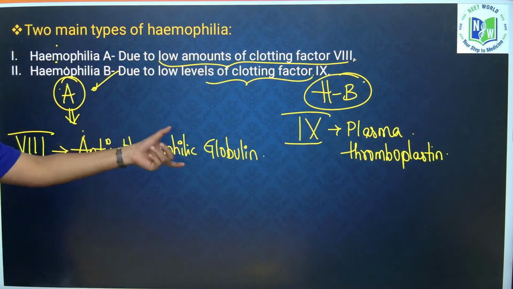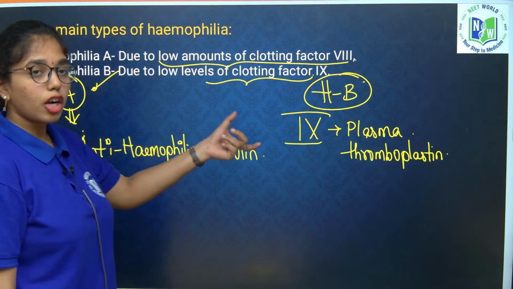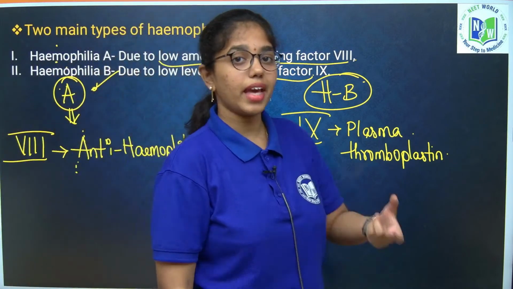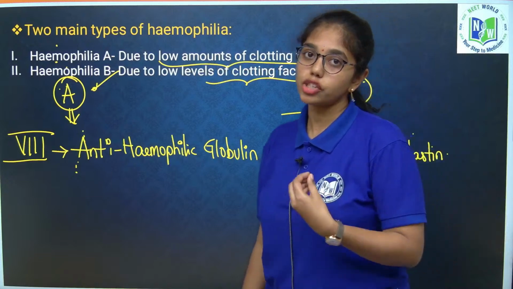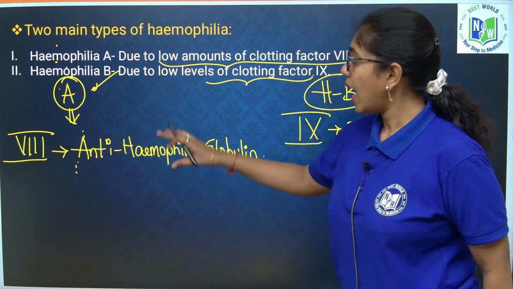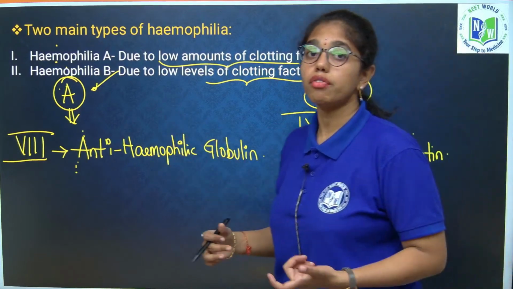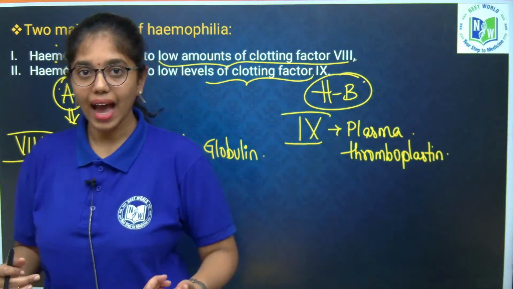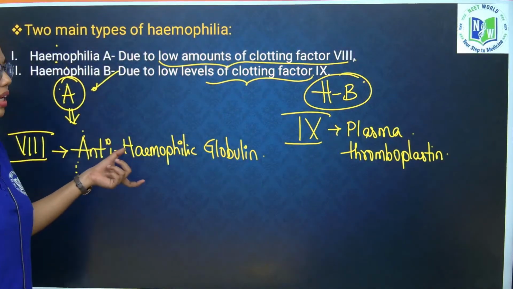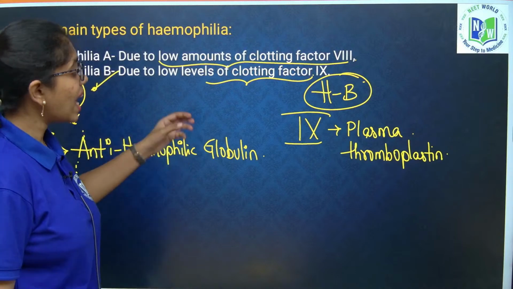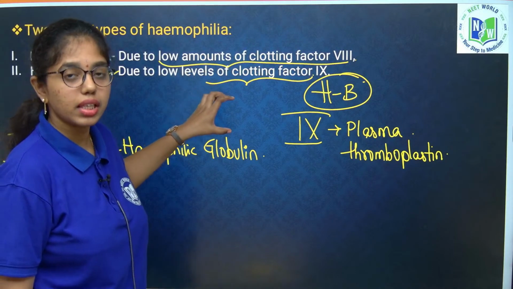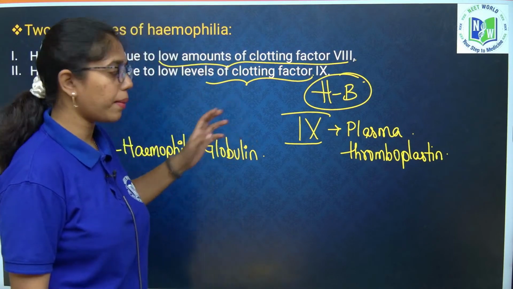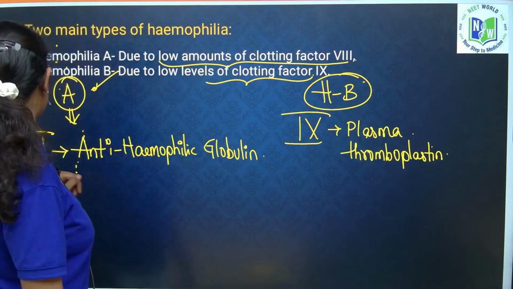So if either of the factors is affected, clotting will not take place, and bleeding from the injured areas will continue, and the severity of the disease can be lethal as well. The combinations or sets of crosses are the same as we discussed in color blindness. You can follow the same applications for this disease as well.